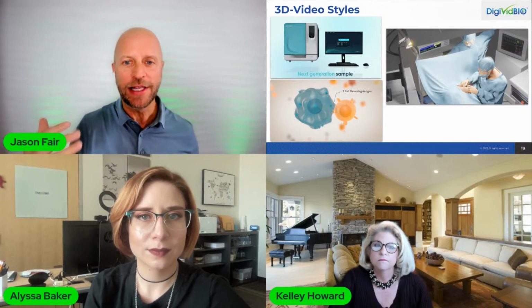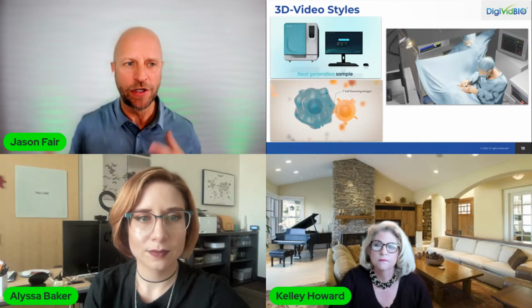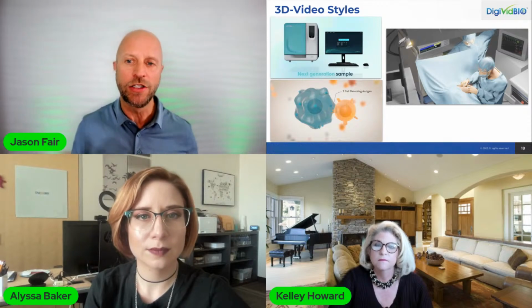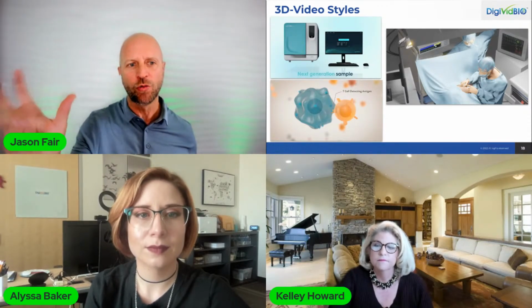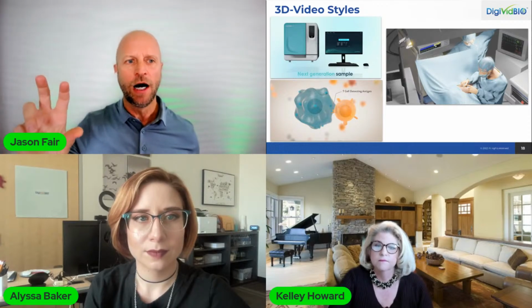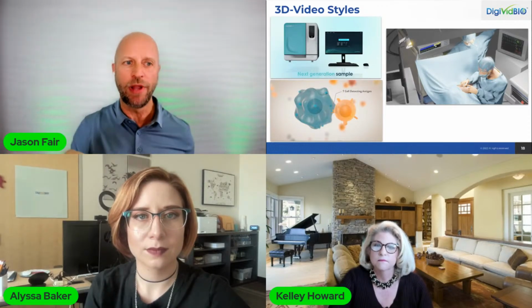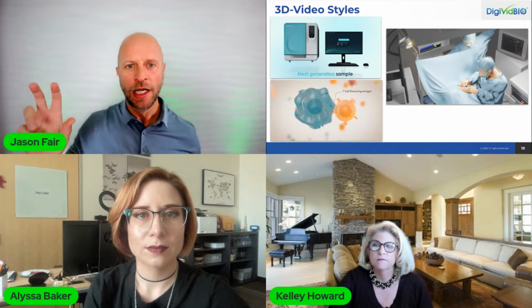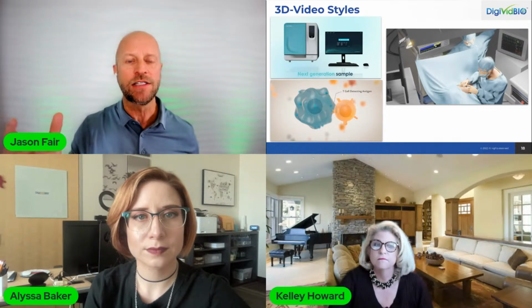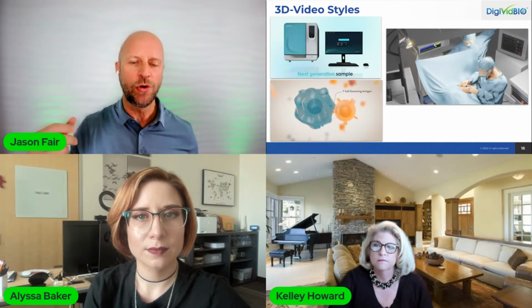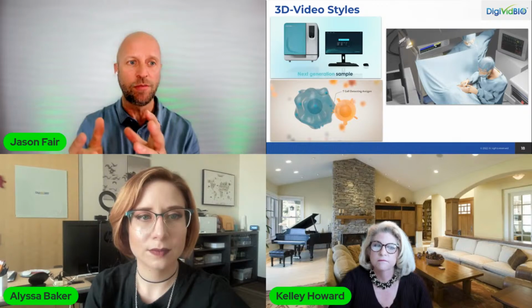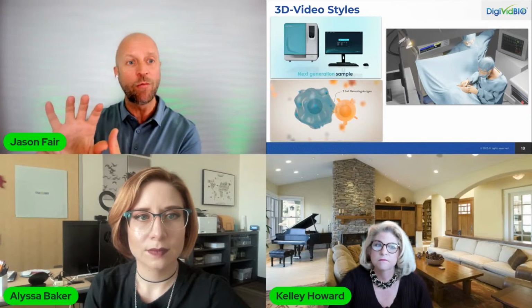So specifically, these are the types of 3D style videos that we're creating and collaborating with clients on. Usually there's a reason for this, right? When it comes to 3-dimensional, if you need to rotate some sort of object, or in this case, if you're looking at the top left of the screen here on the examples, that's like an instrument. It's a device. So someone really wants to showcase and articulate what this instrument is, size-wise, what it looks like, and they want to rotate it.